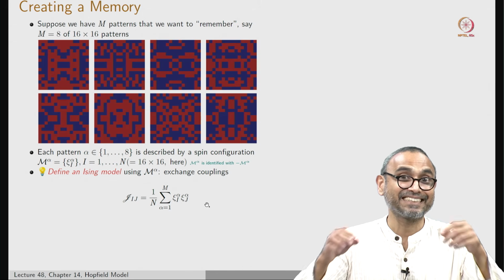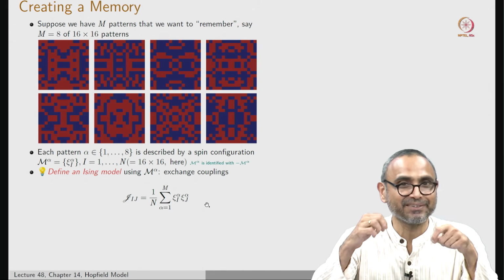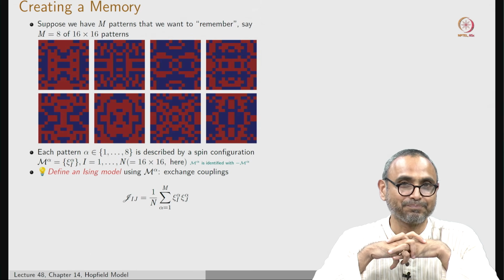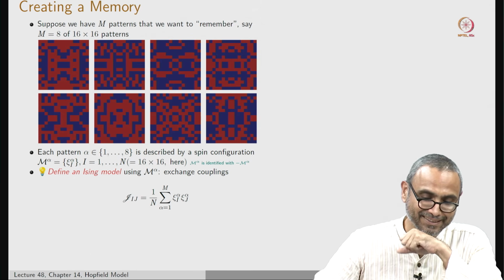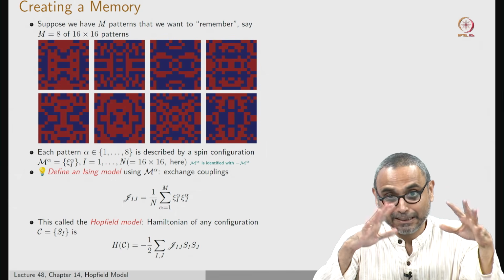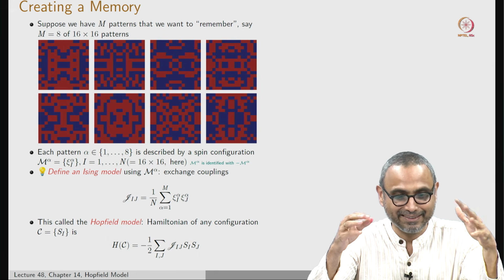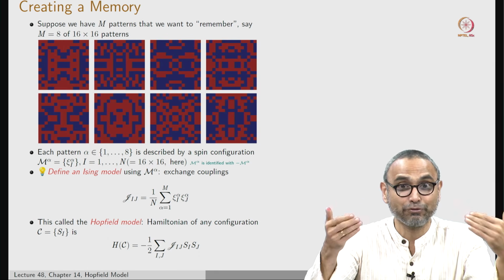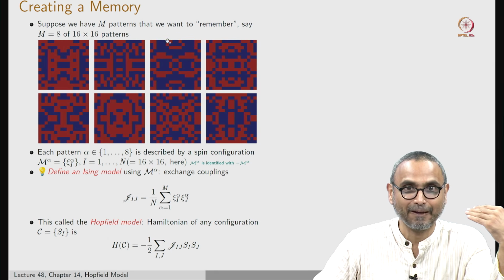That quantity is the exchange coupling constant between these 2 spins. So given these patterns that you have memorized, these J_ij get defined by the patterns that you have memorized.